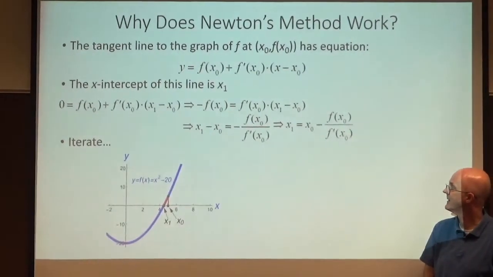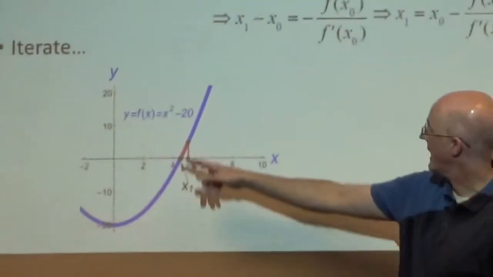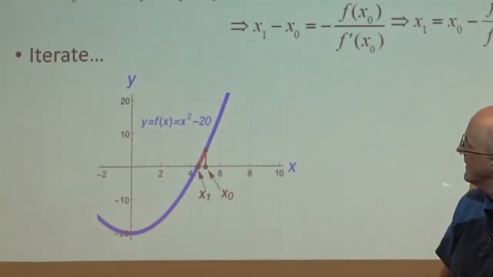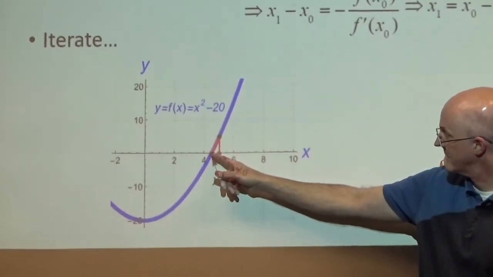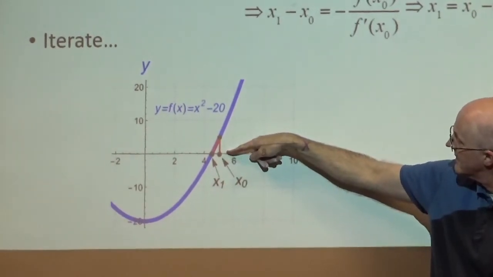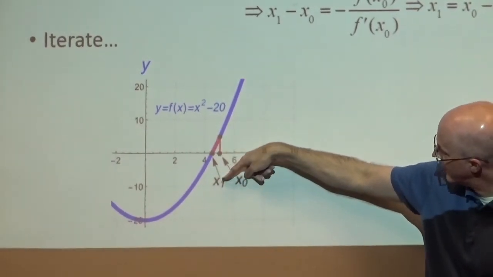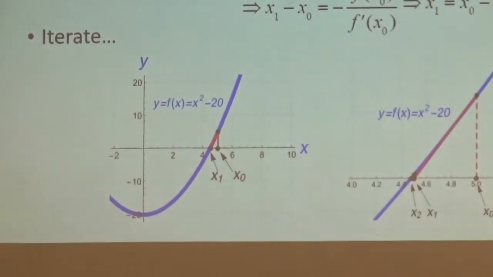Let me reiterate this stuff. Here's a picture of what really is going on. Here's the graph of x squared minus 20. Its x-intercept, its root is about 4.472, we saw. That point is x0, which is 5. Go up to the graph, find its x-intercept, that's called x1. If you zoom in closer, you can see x2, barely.